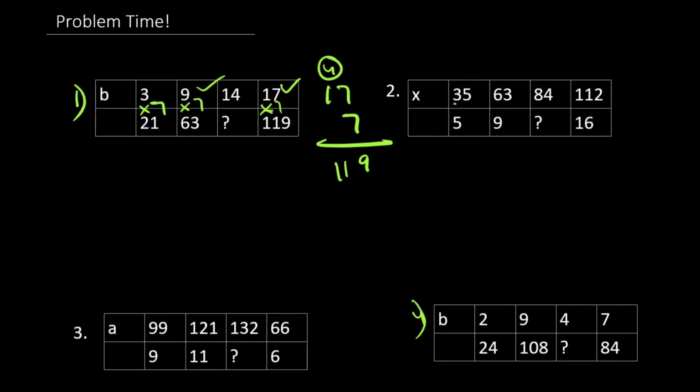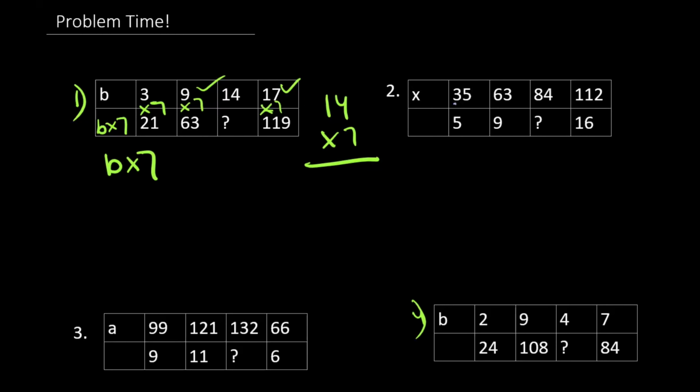That's right, so we figured out the rule. It is B times 7. Now we need to figure out what the question mark is. So let's do 14 times 7.